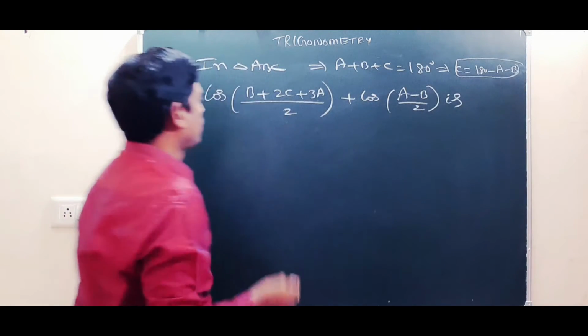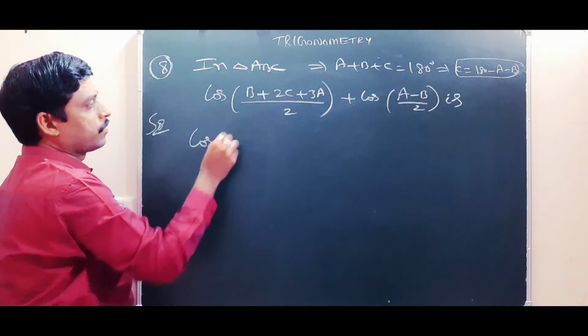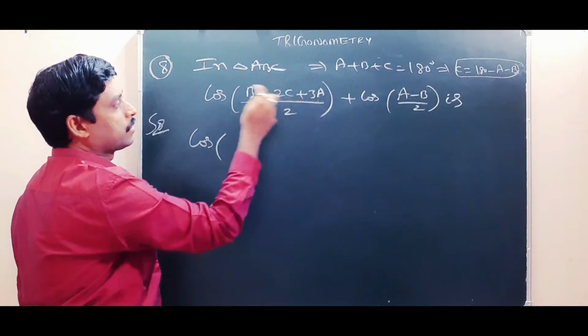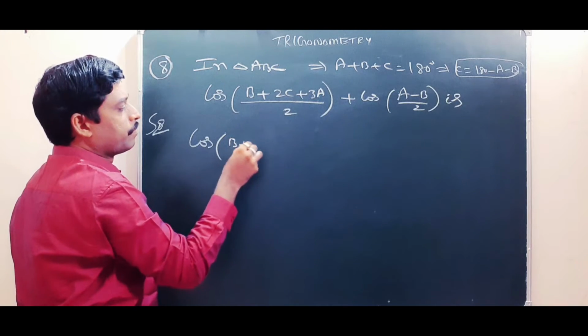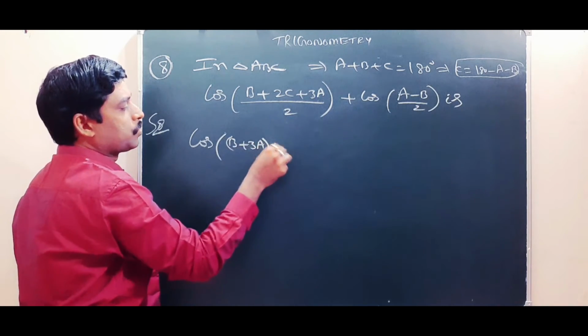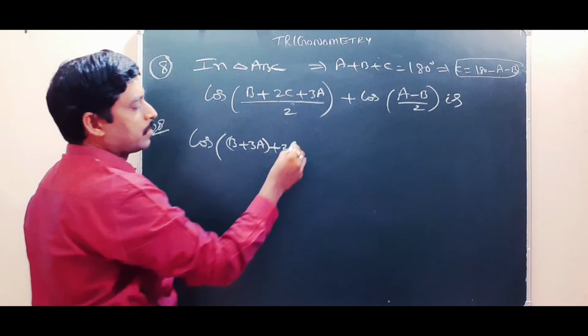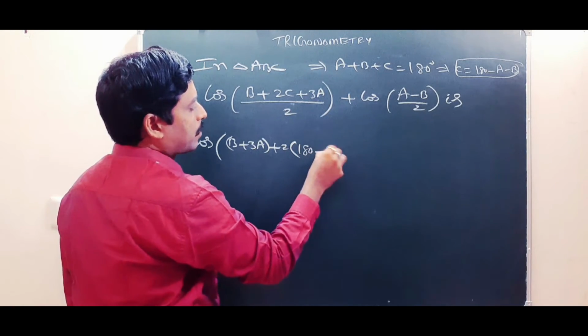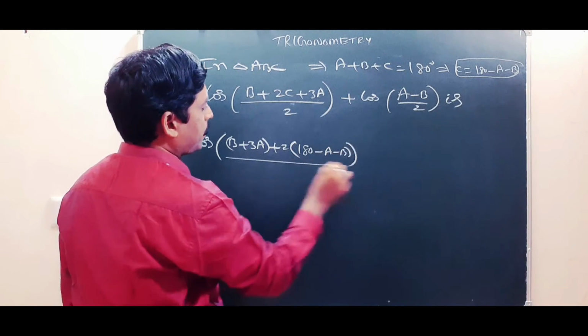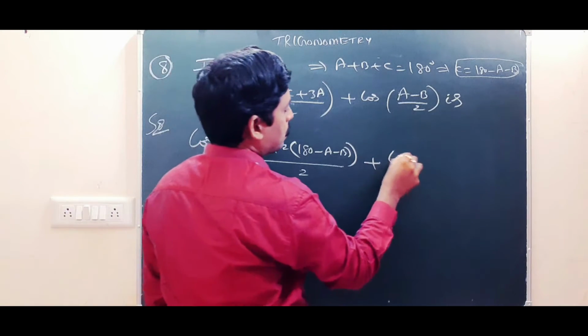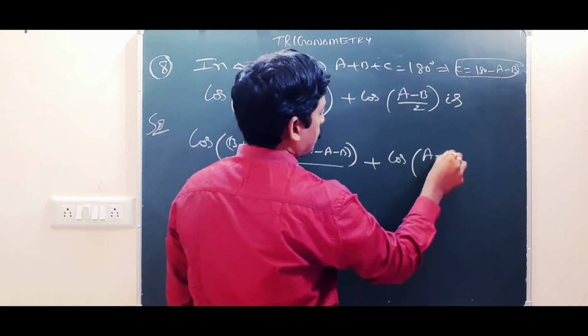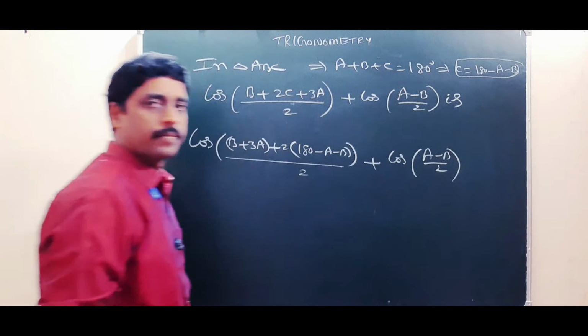Okay. Now this statement is cos of (B plus 3A plus 2 times C). What is C? We have 180 minus A minus B, by 2, plus cos (A minus B) by 2. Okay.